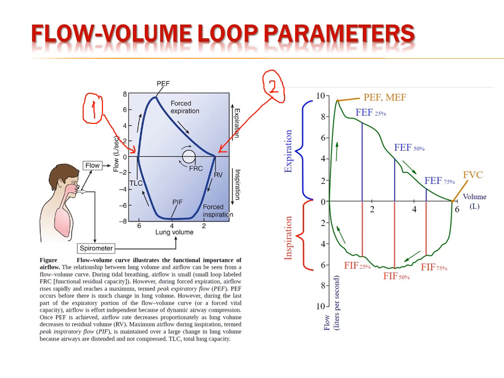Please note that scientists divide the expiration and the inspiration into 4 segments, which are: the first part is 25% of the forced expiratory flow, then 50% of the forced expiratory flow, and 75% of the forced expiratory flow, and of course until we reach the end of the expiration.